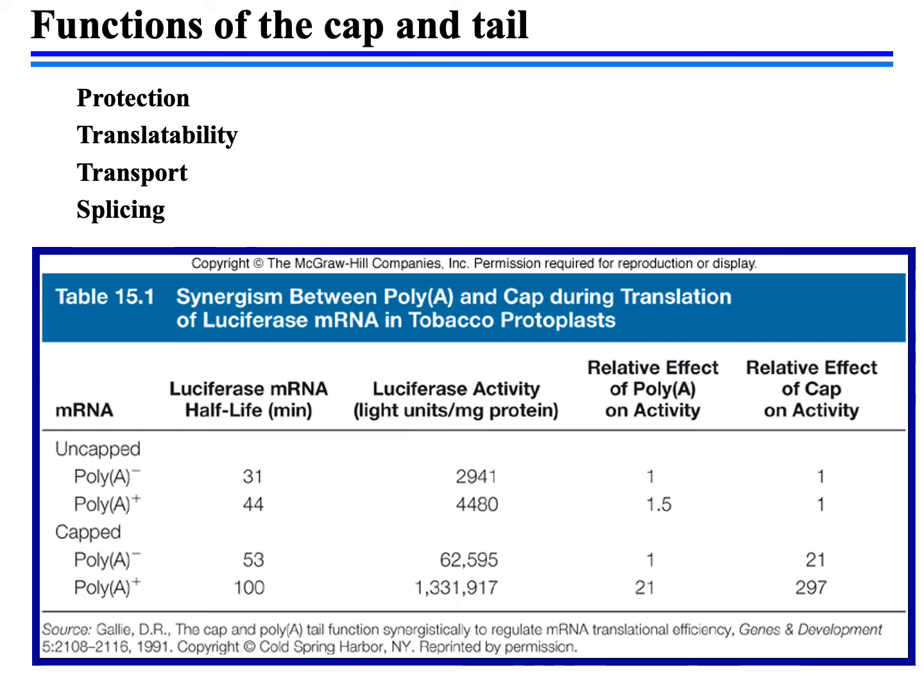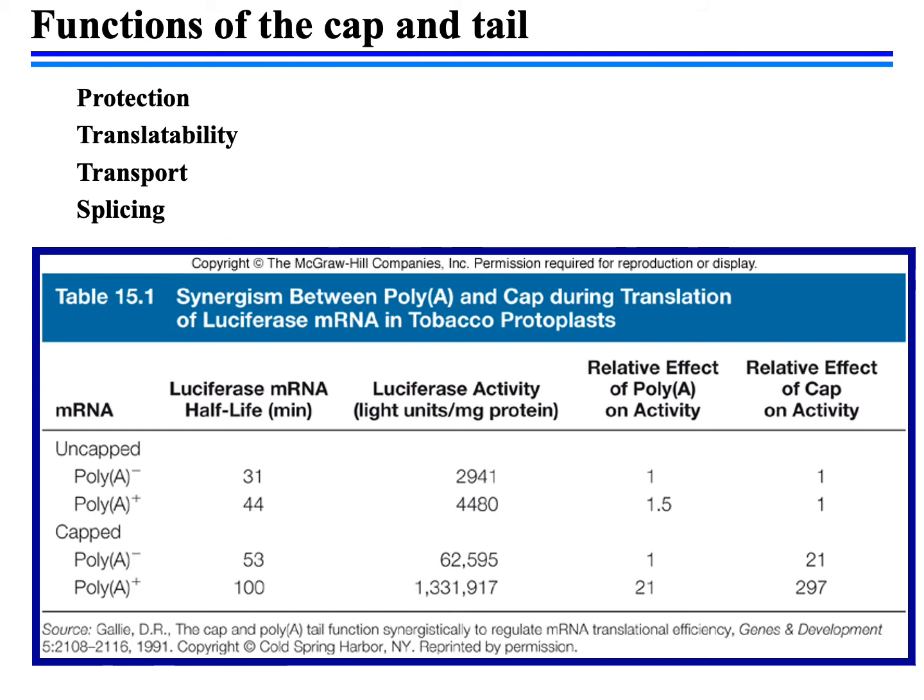In the next column, what the researchers looked at was the luciferase activity. By measuring the luciferase activity, this gives some indication of the amount of enzyme that's actually being produced in these cells. In the first case, uncapped with no poly A tail gives a certain amount of luciferase activity.